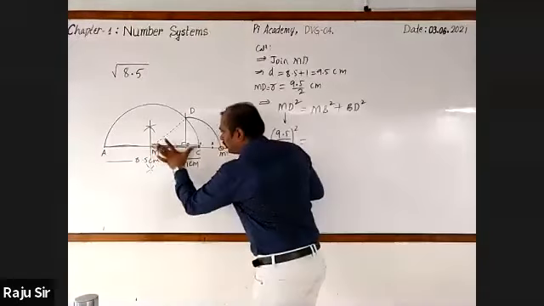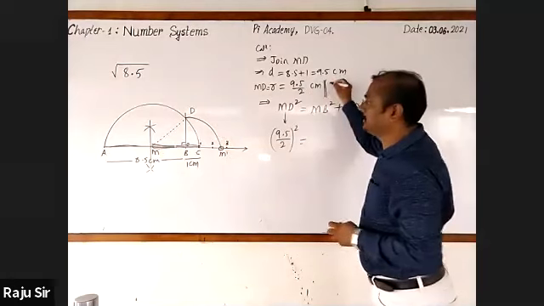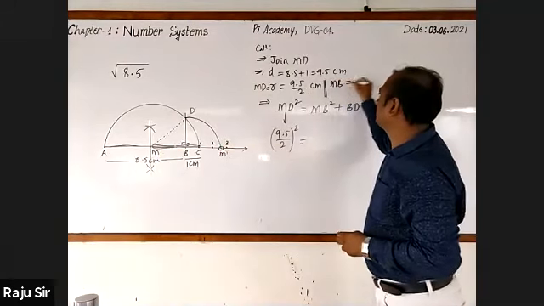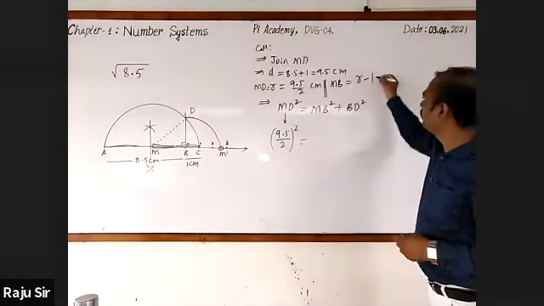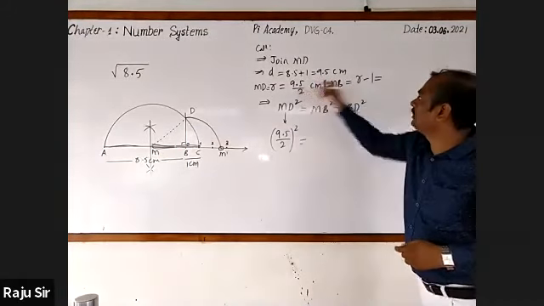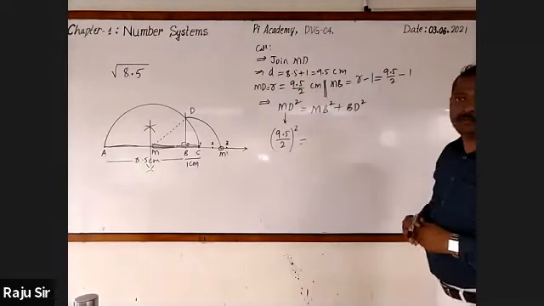So MB is equal to radius minus 1 centimeter. I'll write that here. MB is equal to radius minus 1. For your understanding, I'm writing where radius is 9.5 by 2 minus 1.